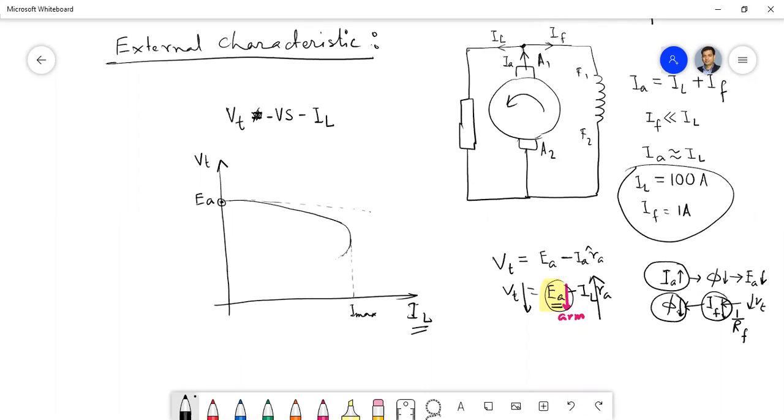After a certain value of the maximum load current, the armature voltage will be unstable, and it will go to zero. So this portion is the unstable portion. Okay, so this is due to this armature reaction.